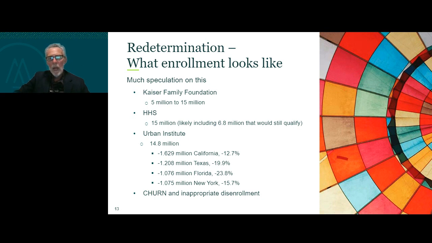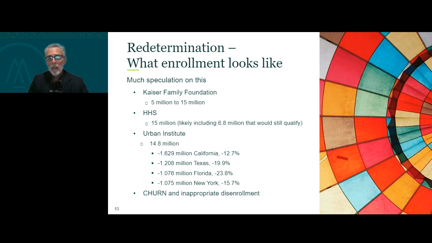I think the Health and Human Services estimate is what seems to be falling into the sweet spot of a number of different ones. The government estimates about 15 million people will come off the rolls.